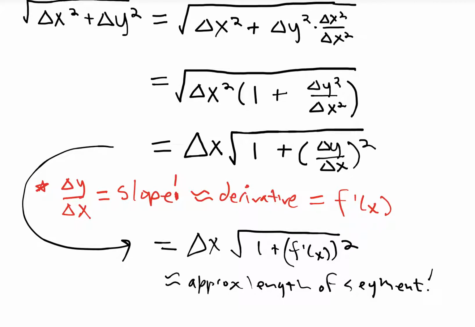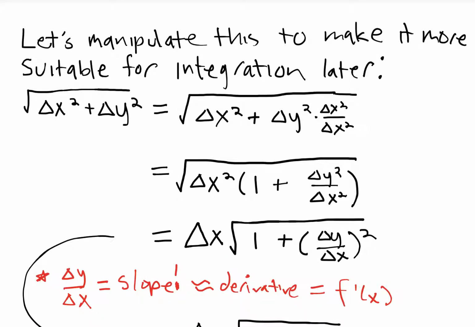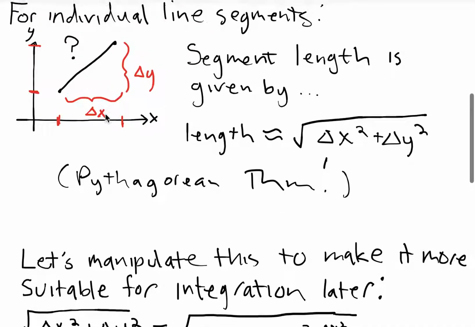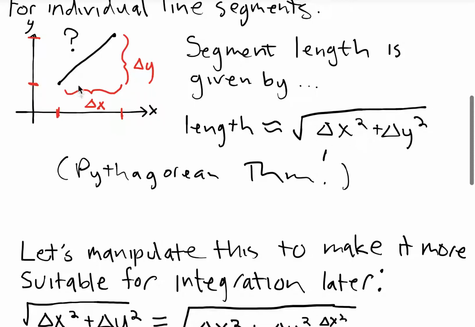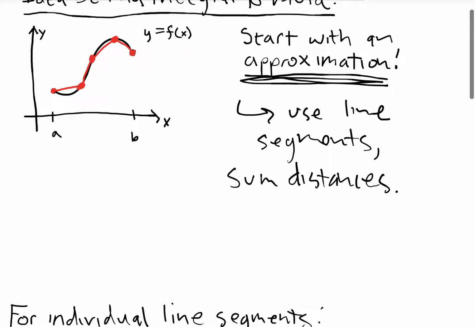Now, the catch here is that this is just an individual segment, right? If I scrolled up, this was just me manipulating that square root of delta x squared plus delta y squared. What was that expression? We just said that that was the length of this individual segment, and that individual segment was an approximation for this overall curve.